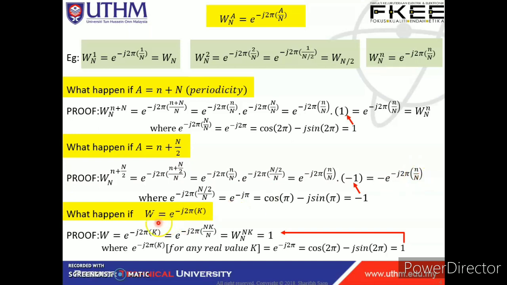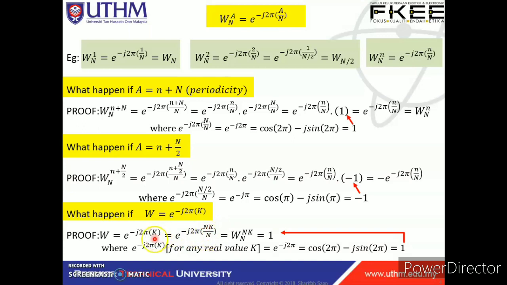Last example, what happens if our weight equals exponent negative j 2 pi k? Now we can see that the number of sample is not shown in the equation. What we can do is, from this equation actually, the number of sample is cancelled out. The original equation is exponent negative j 2 pi number of sample times k divided by number of sample.